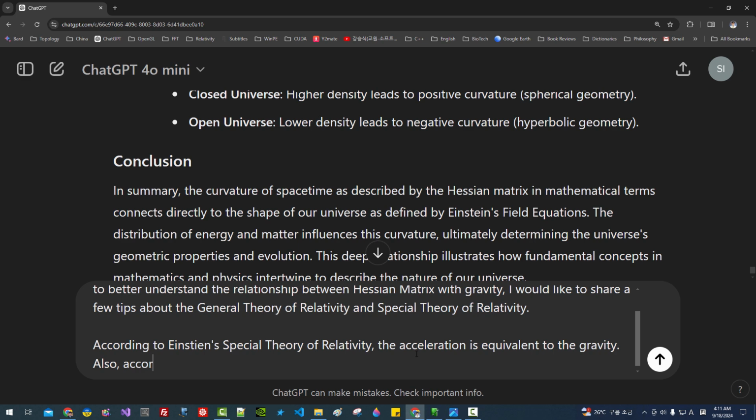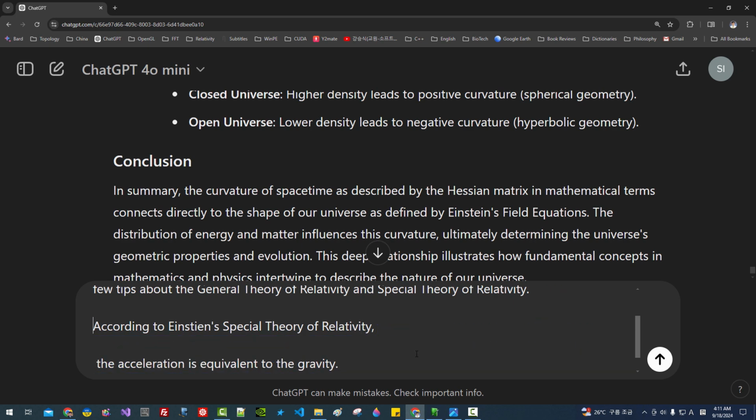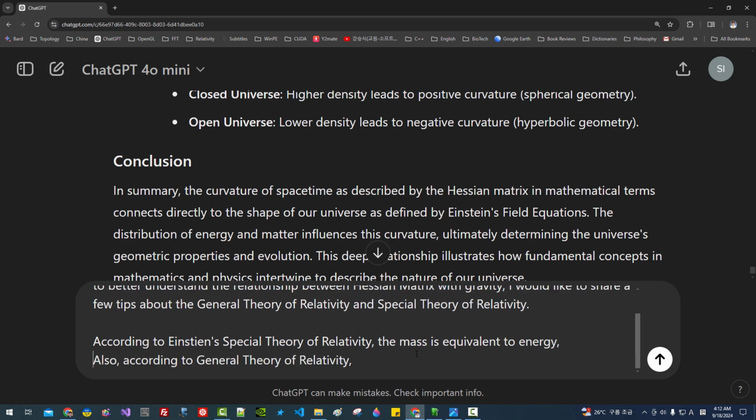Also, according to Einstein's theory of relativity, mass is equivalent to energy. According to the general theory of relativity, acceleration is equivalent to gravity.